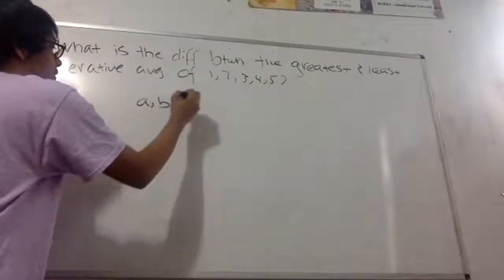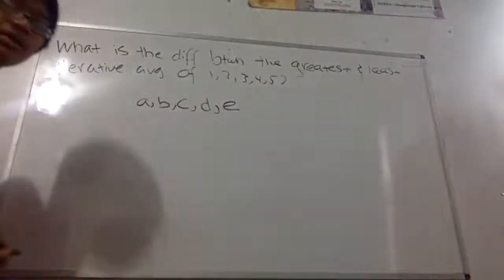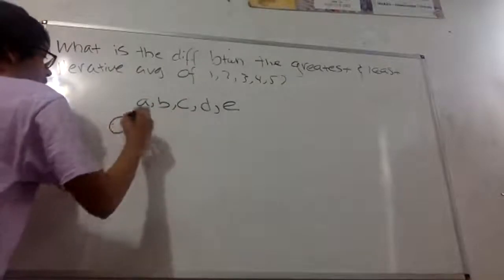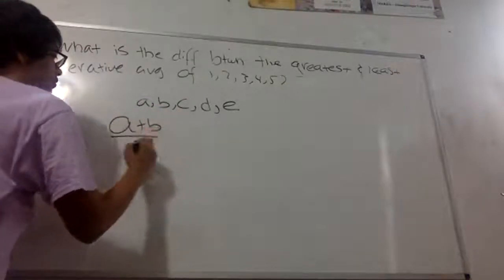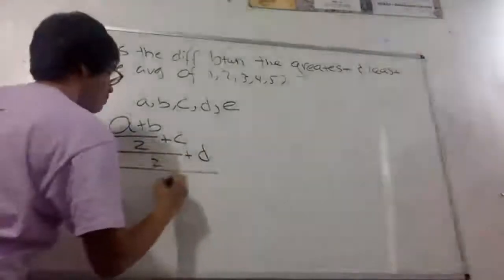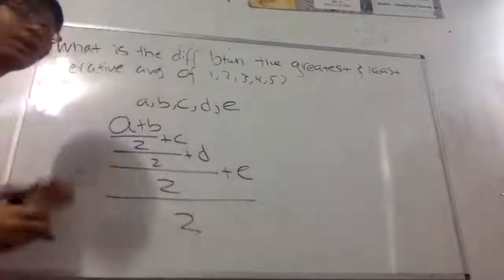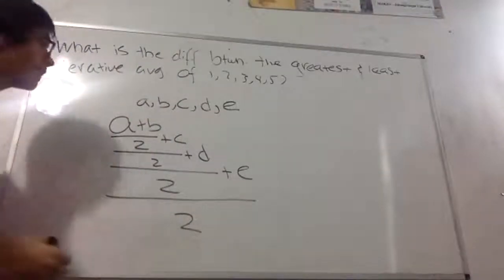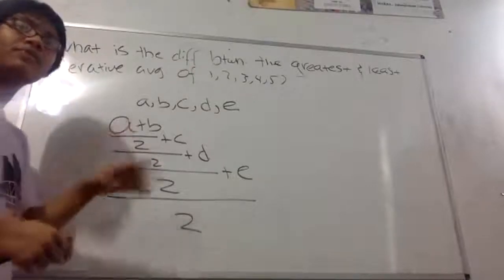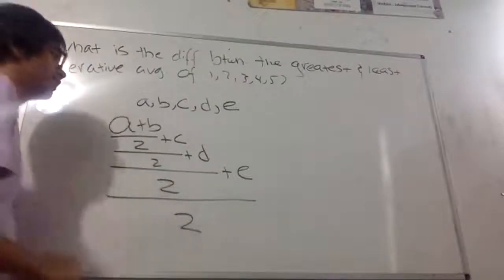Let's say we take the variables A, B, C, D, E. Well, the iterative average of these will be A plus B over 2 plus C over 2 plus D over 2 plus E over 2. Now, how can we simplify this? And why would I want to simplify this? Because it would help me address how I can maximize and minimize this function right here.